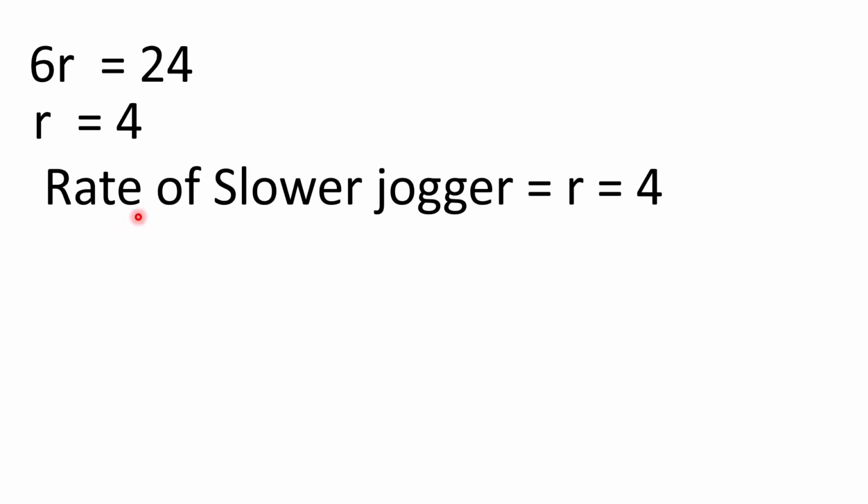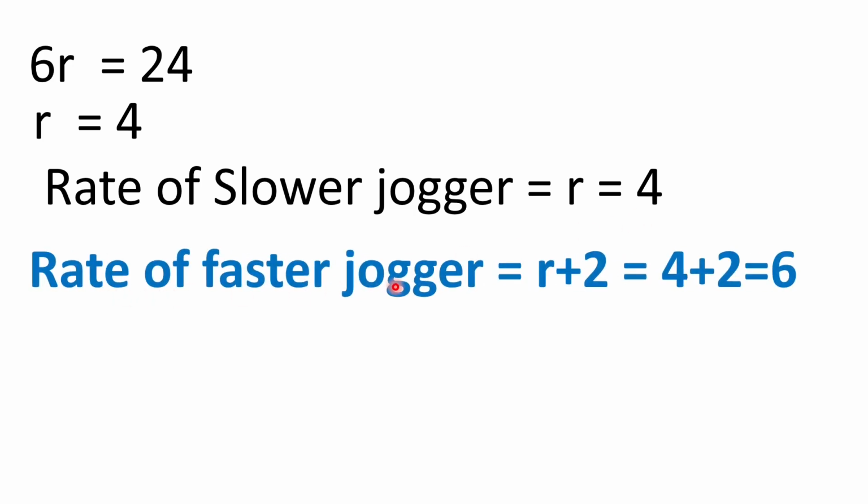The rate of the slower jogger is r equals 4, and the rate of the faster jogger, r plus 2, equals 6 miles per hour. Our requirement was to determine the rate of the faster jogger, so the rate of the faster jogger is 6 miles per hour.